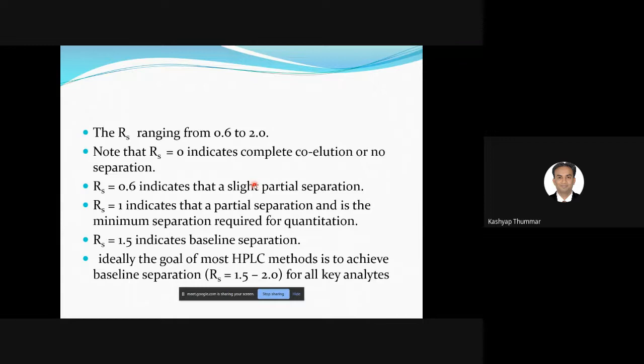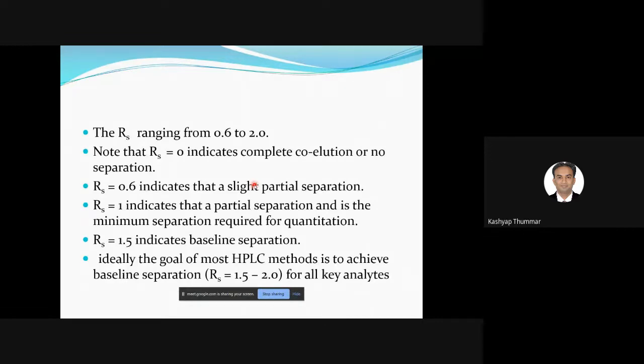A resolution of 0.6 indicates slight partial separation, meaning peaks are slightly separated, not fully separated.